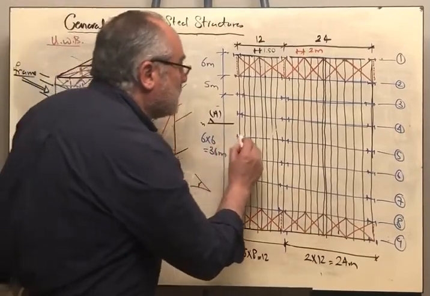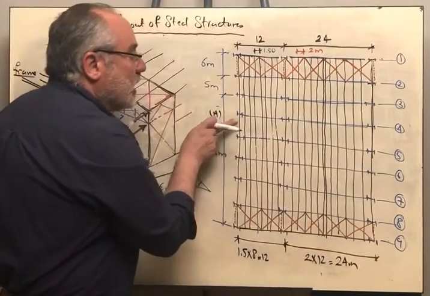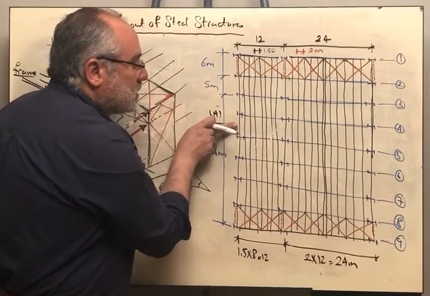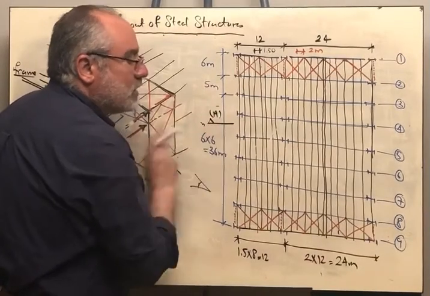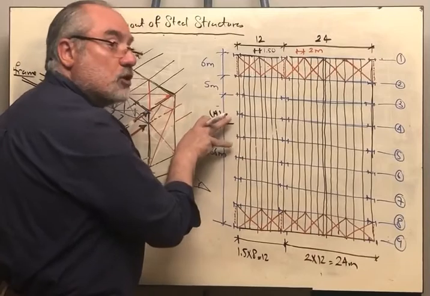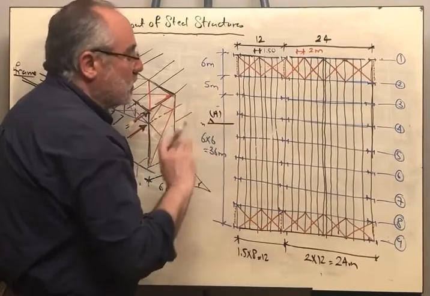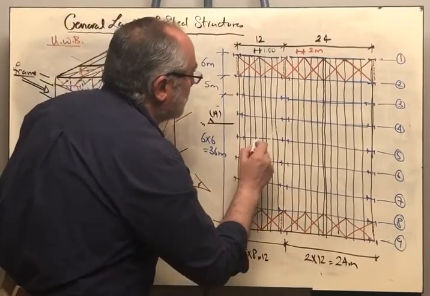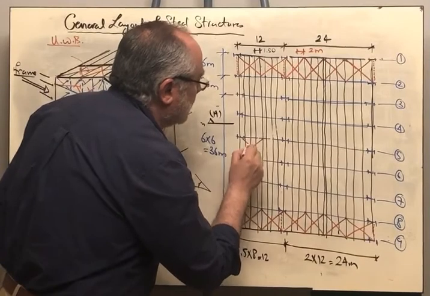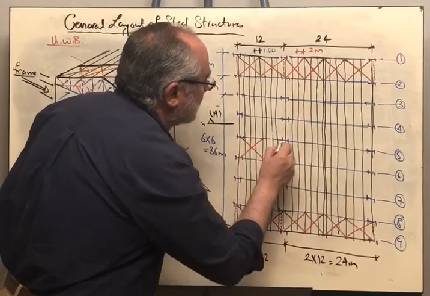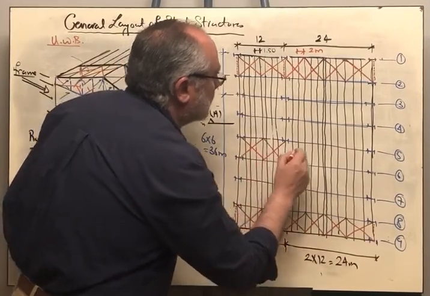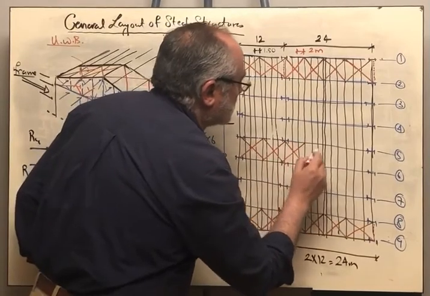The central line is here. Okay? We can either put our bracing in this bay or in that bay. It doesn't make a difference. We don't repeat them. It is not necessary to be symmetric. For example, I will locate it here with the same arrangement exactly like the other bracing.